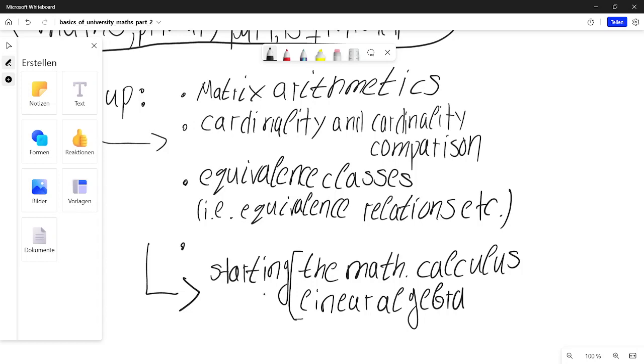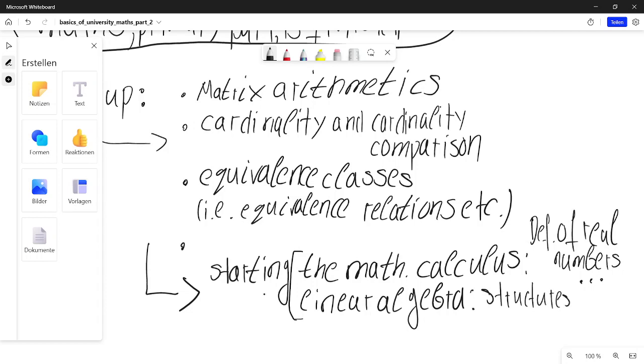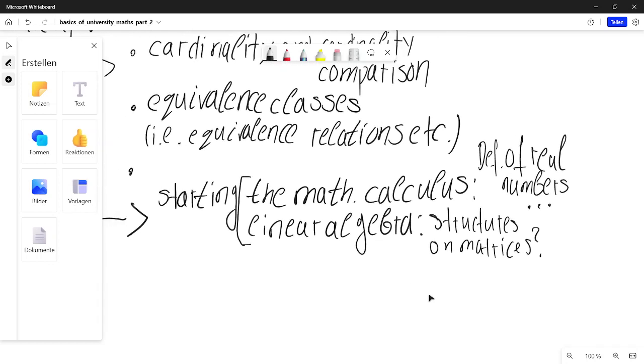I think from here we will go here. Definition of real numbers. We adopt a top-down approach, etc. Into structures and matrices.